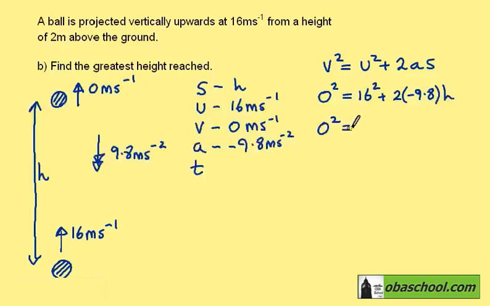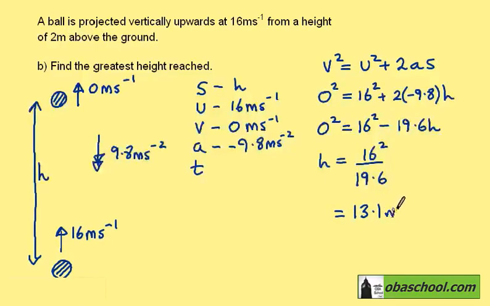So 0 squared is 16 squared, take away 19.6 h, and then h is equal to 16 squared divided by 19.6, which is 13.1 meters, correct to 3 significant figures.